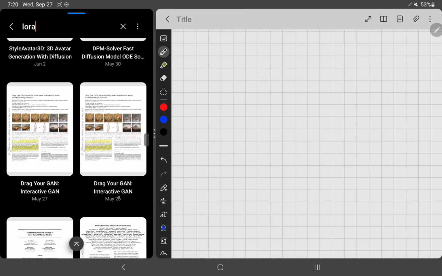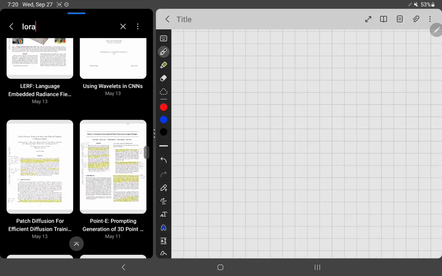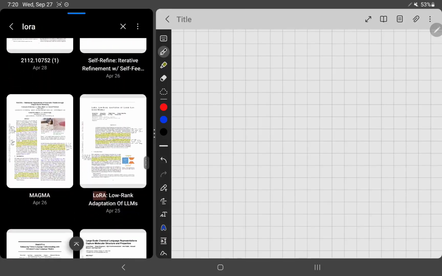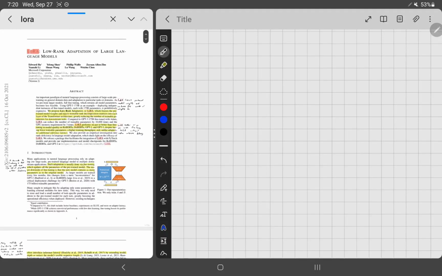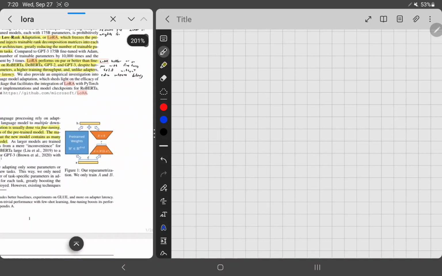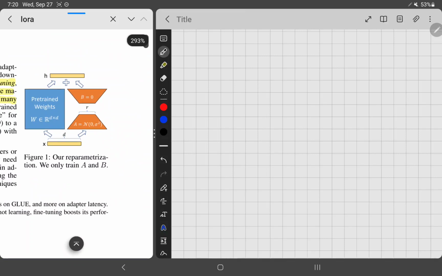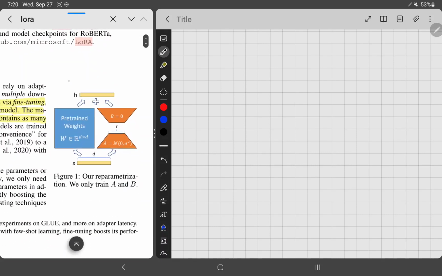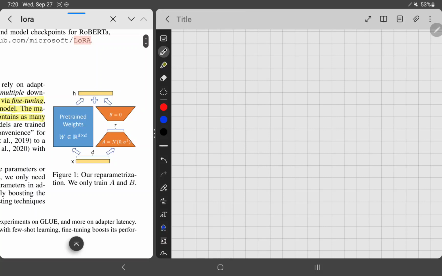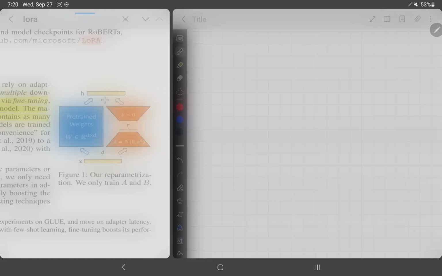Oh, let's go, found it. I may not have the LoRA paper as my background, but I have that picture. I have a poster on my wall, and I wake up in the morning and it is a good day when I see this. If I don't see that, I'm in a bad mood the entire day.